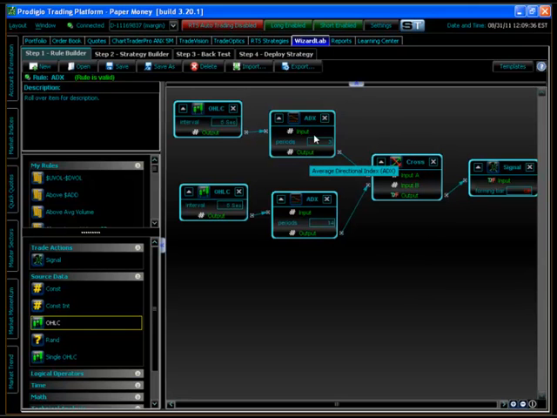So this is just a really simple rule: when the 3-period ADX values cross the 14-period ADX values, just like you would see on a chart, this cross study is going to fire signals. And it's as simple as that. This is all drag and drop. You really just connect these outputs into inputs by dragging and dropping, and that's all there is to building rules.